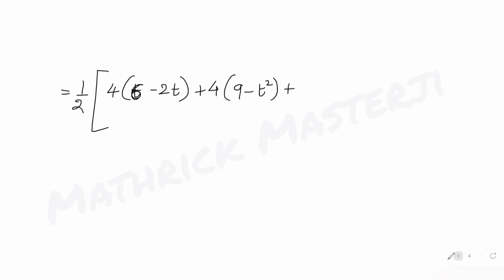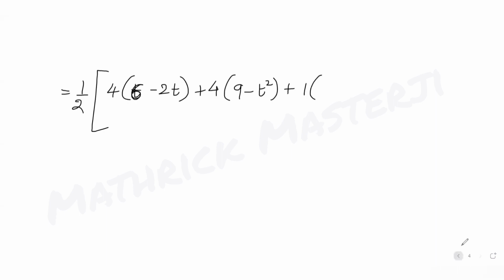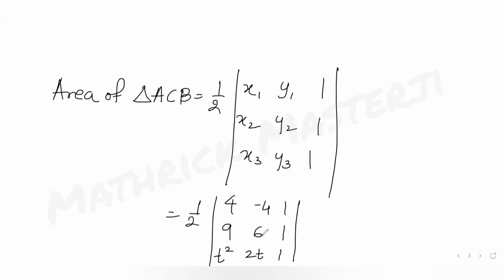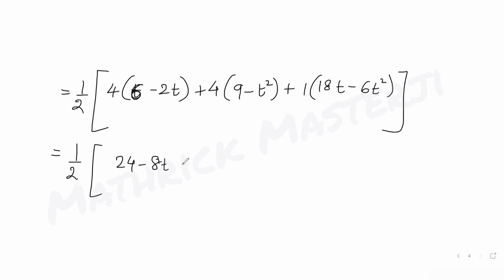And the last term you have here, 1 times (9 into 2t, 18t, minus 6t square). Now if I solve this, half of 4 into 6, 24 minus 8t, plus 4 into 9, 36 minus 4t square, plus 18t minus 60.